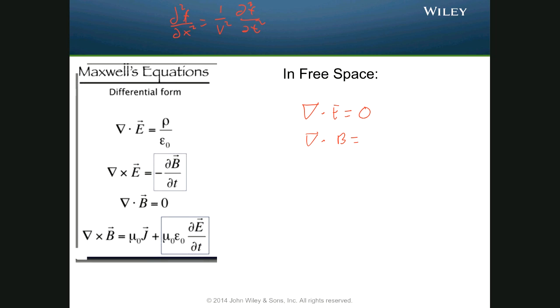We have del cross E equals minus dB/dt. Then because we're in free space, the current term goes to 0 because there are no currents or charges, so we have del cross B equals mu naught epsilon naught dE/dt.